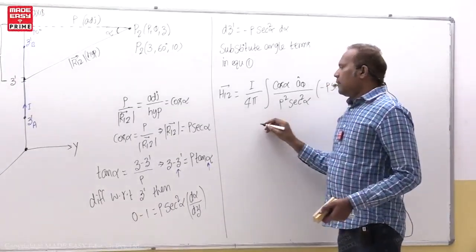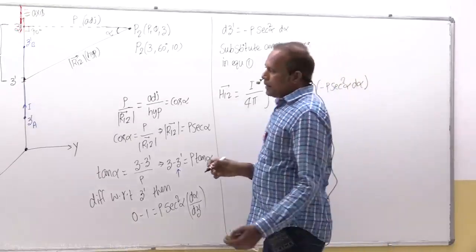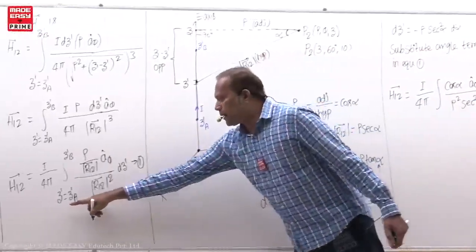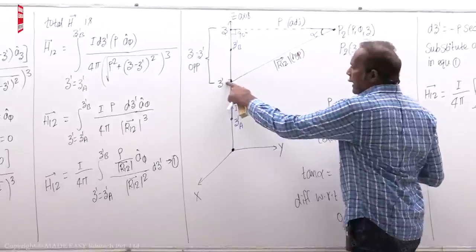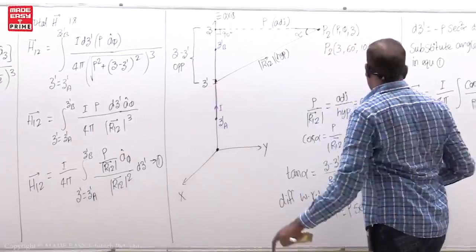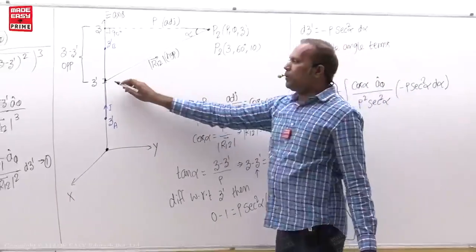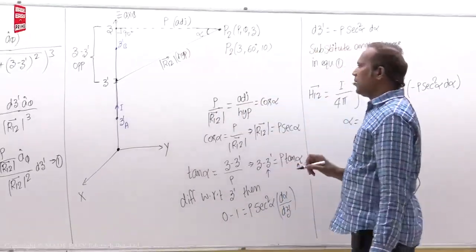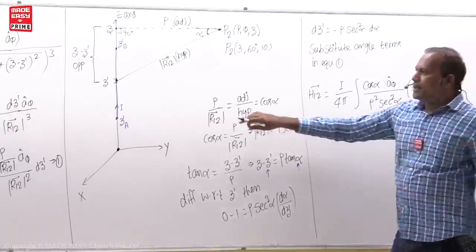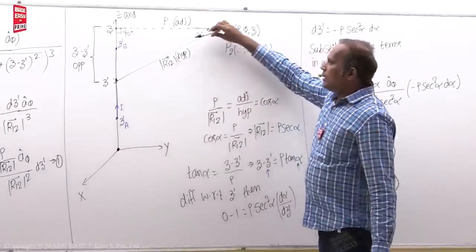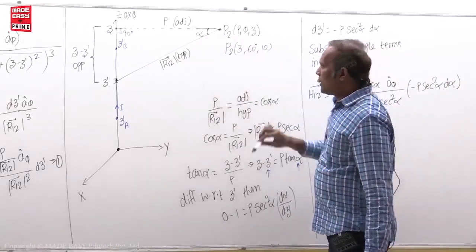Then here z dash height is there. At z dash height, the angle is alpha. That means we are changing the z dash variable to the alpha variable, the angle variable. If you change z dash, then this line also moves so that alpha changes.